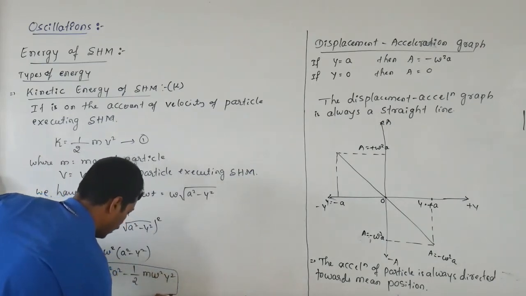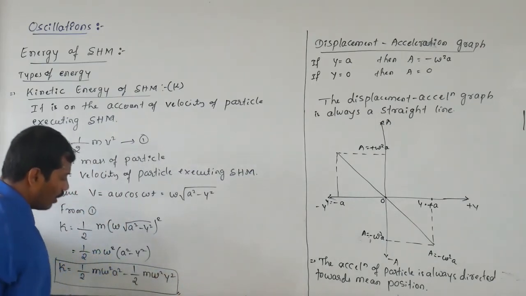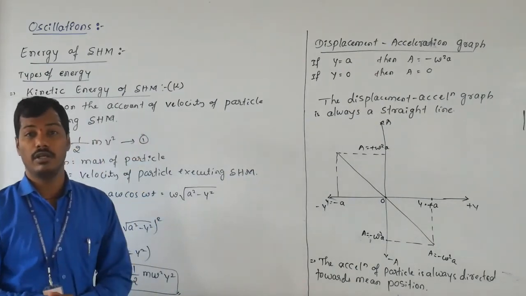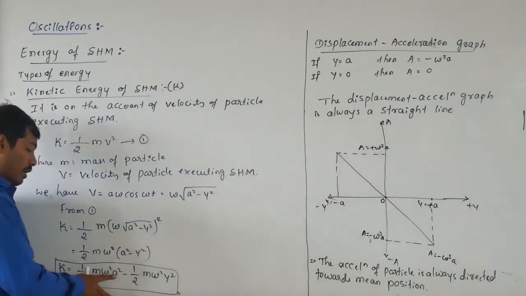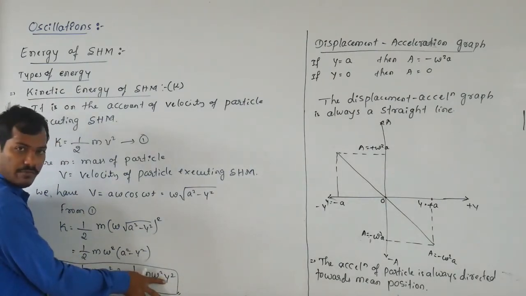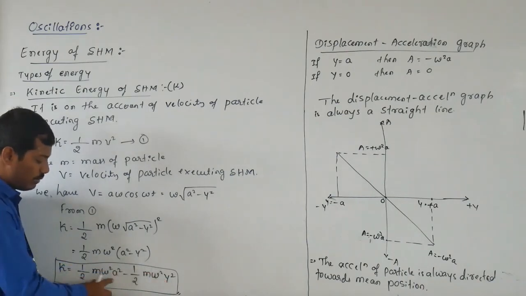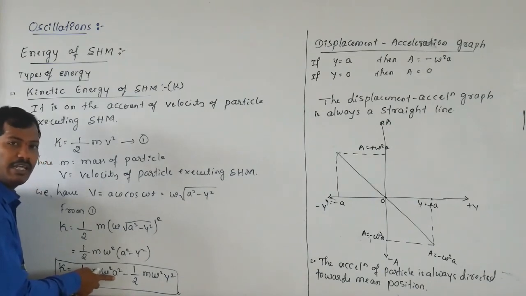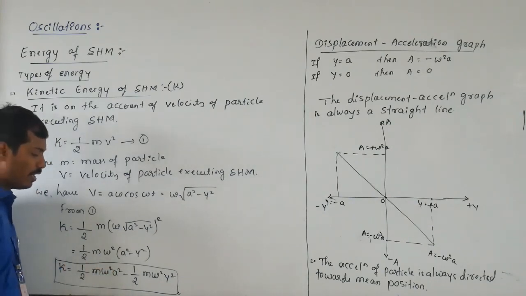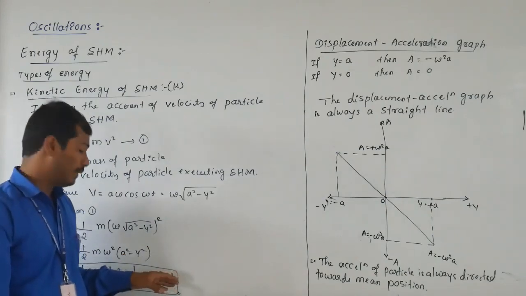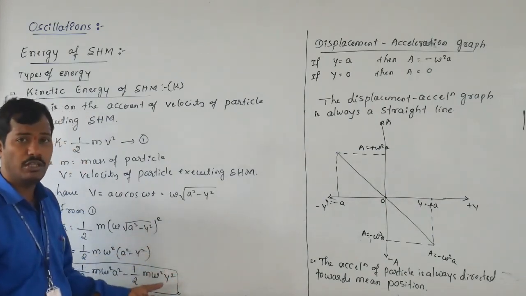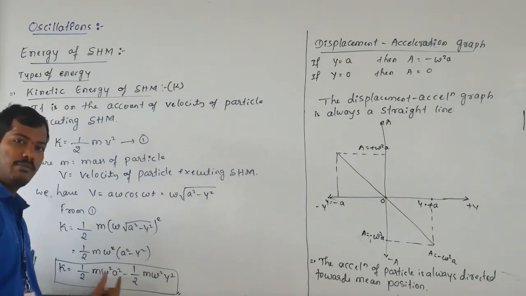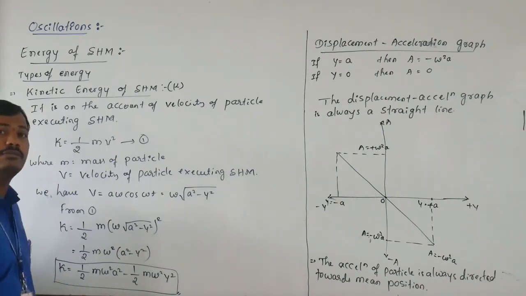In this equation, the kinetic energy can never be negative, and the total energy is never negative here. If it is at mean position, y equal to 0, it is a maximum. This is the maximum condition because it has the maximum displacement A. At extreme position, y is equal to A, then a square minus A square is completely cancelled, and the kinetic energy becomes 0.